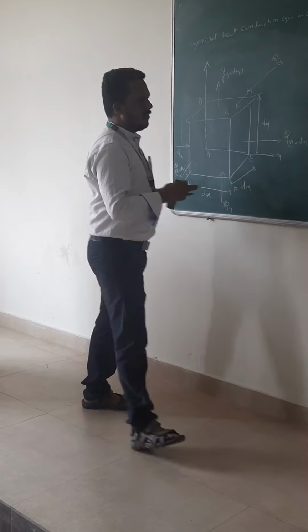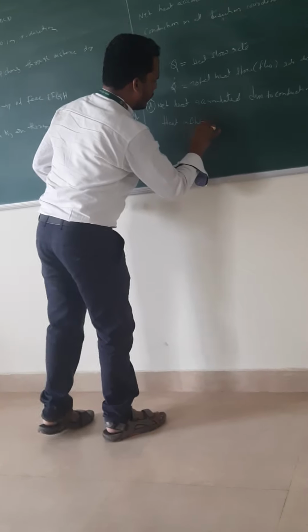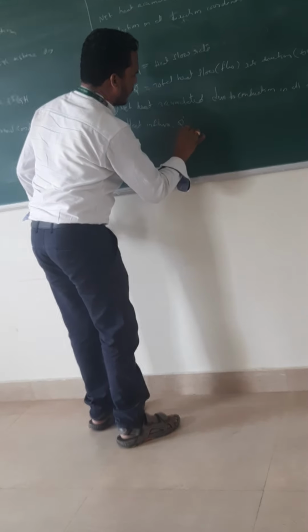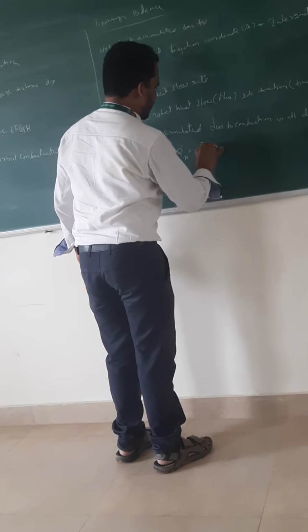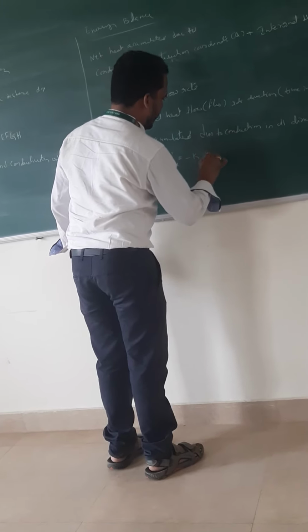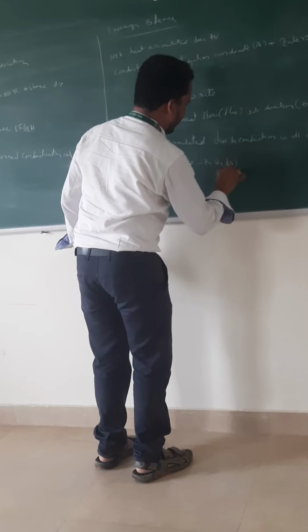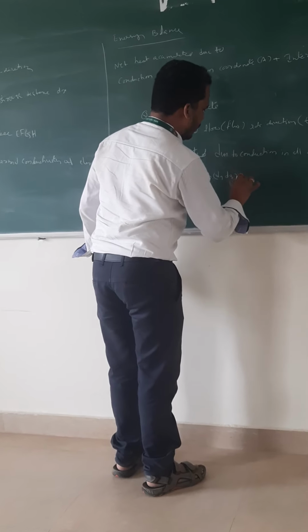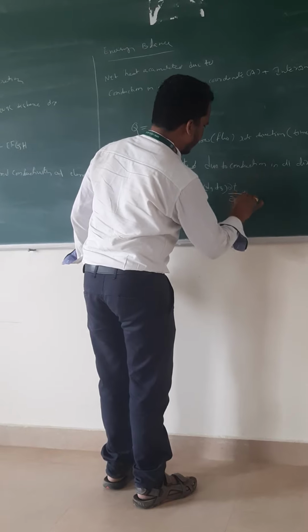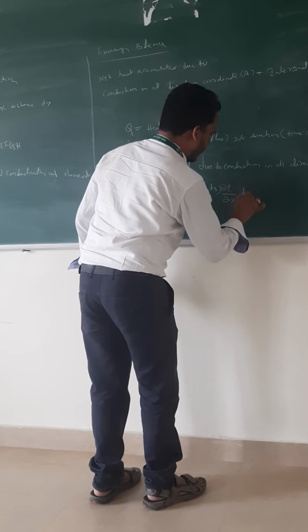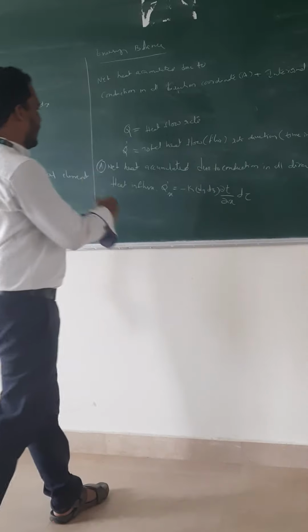So the heat influx is Q dash x, which is minus K into dy dz into dou T by dou x into d tau, the time interval. This is the heat influx.